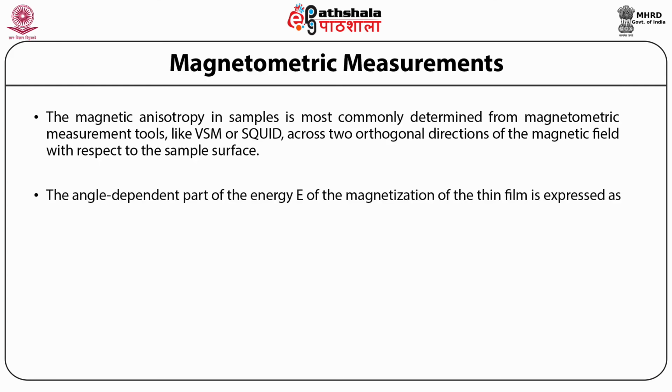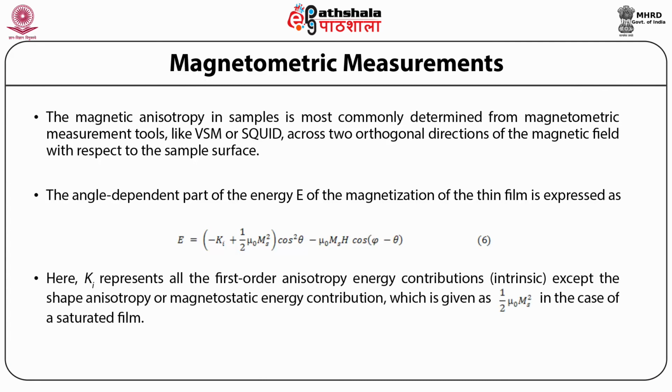The angle-dependent part of the energy E of the magnetization of a thin film is expressed as E equals, within the brackets, minus Ki plus 1 by 2 into mu naught Ms square, brackets close, into cos square theta minus mu naught Ms into H into cos of phi minus theta.